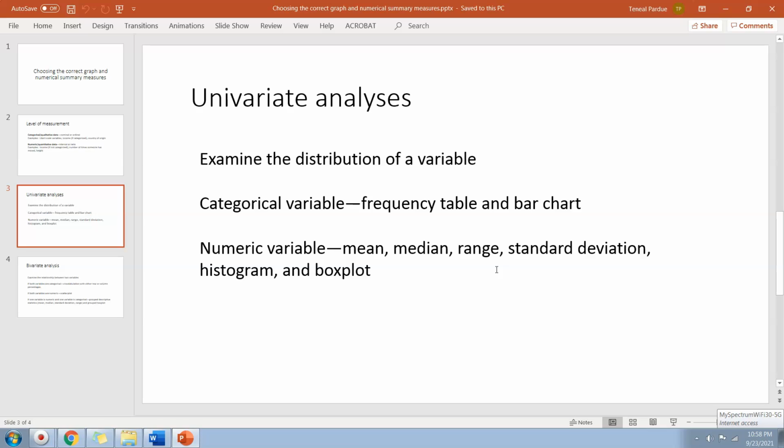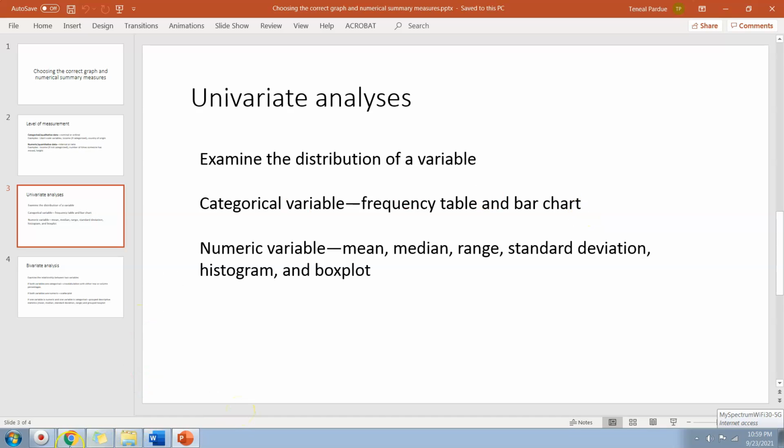So you're going to do a univariate analysis on each of the variables you choose. A univariate analysis looks at the distribution of a variable, meaning what are the possible values and how often do they occur. So if you have a categorical variable, you're going to do a frequency table and bar chart.